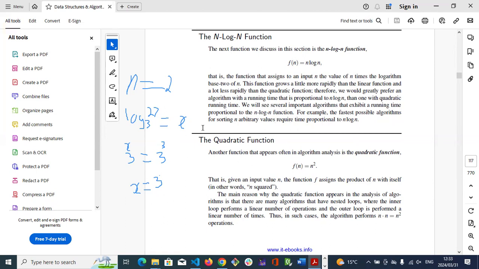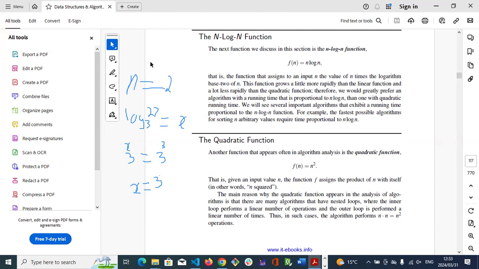When you have a for loop within a for loop, we mostly use the n squared quadratic function. The code runs the first loop once, then goes inside and runs the inner loop, then goes back to the outer loop.